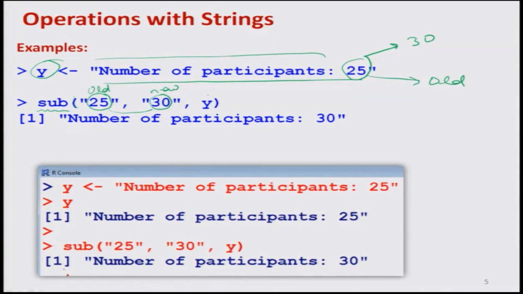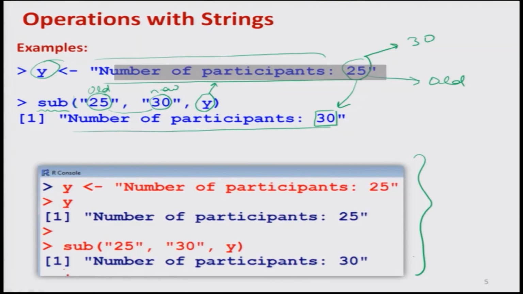And this I have to give here in this y, that is the string, number of participants colon 25. And here you can see the outcome. This will come out to be that this 25 is replaced by this 30. So, here is the screenshot, but we would like to do it over the R console so that you can have some confidence that yes, the things are really happening.